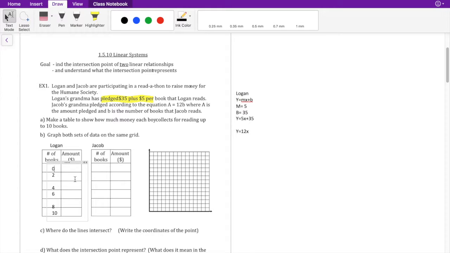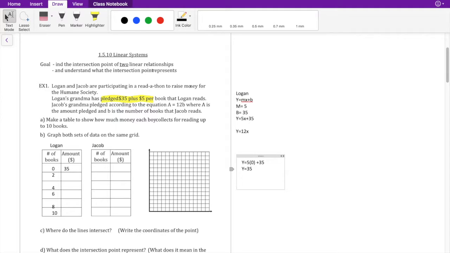If we take a look at Logan, I'll get you started. For Logan, his equation is this here. For 0 books, y equals 5 times 0 plus 35, so y equals 35, because 5 times 0 is 0, plus 35. So we put 35 in here.